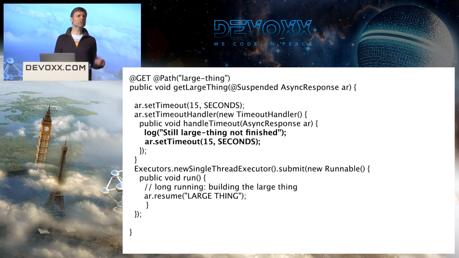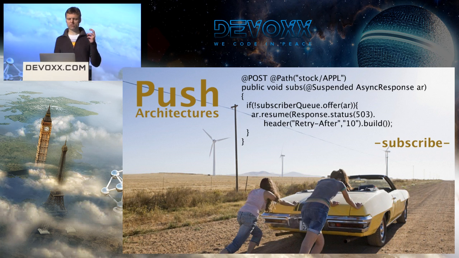What you can also do with this is, of course, implement push architectures. Are there any Comet front-end developers here that are interested in this? Because the async response allows you to park the response for a longer time.